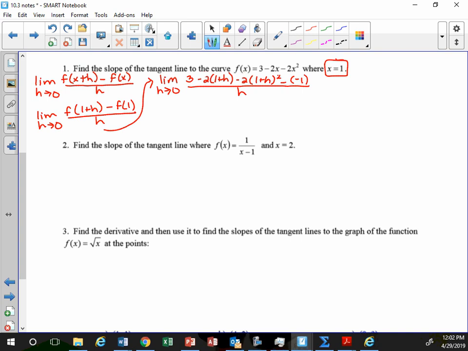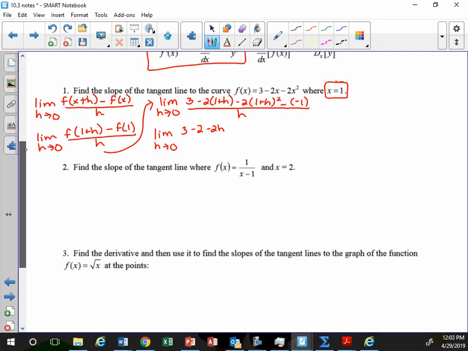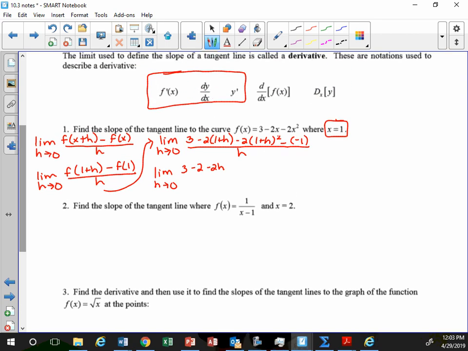Okay. All right, so then we just have to start simplifying. So, again, I write limit as h approaches 0. I have 3 minus 2 minus 2h. Now, do I distribute the negative 2 before I square? No. So let's just go up here off to the side and square that real quick. What is 1 plus h squared?